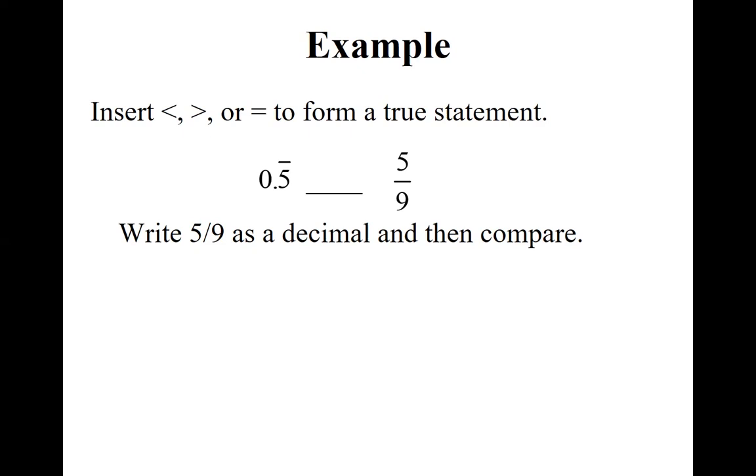Give ourselves a 0, bring it down. 9 goes into 50 5 times. 5 times 9 is 45. 50 minus 45 is 5. Give ourselves a 0, bring it down. We've started to repeat right off the bat. 5/9 just so happens to be 0.5 repeating. So when we compare 0.5 repeating with 0.5 repeating, we see that they are equal. So these are equal.